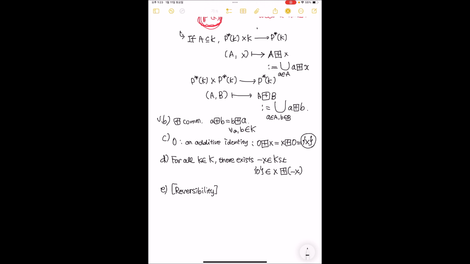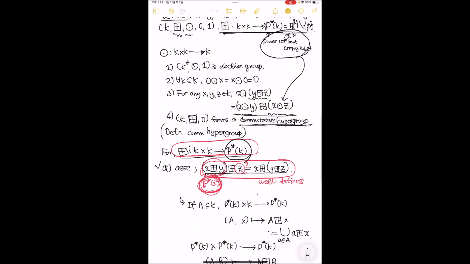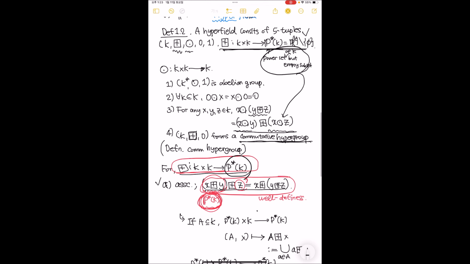That means that if X, Y, if X is this power set, there is an element Y plus G if and only if, let's say, it lives in here. Okay, that is the definition of a hyperfield.